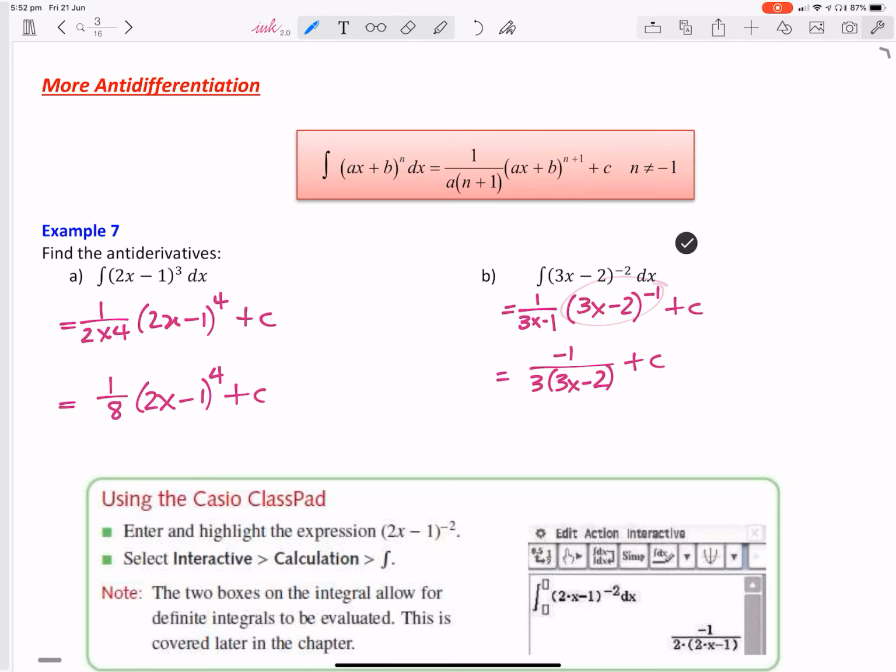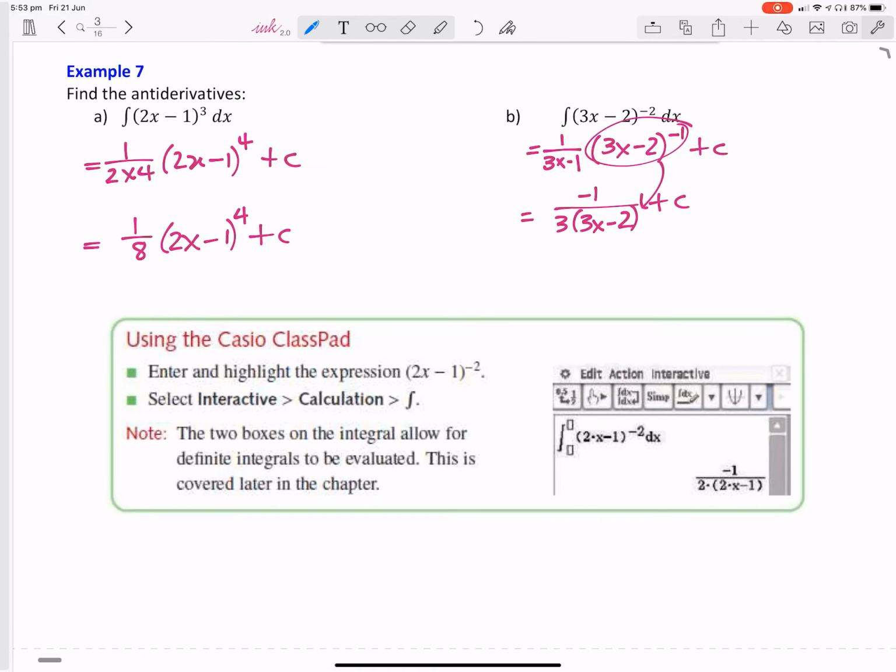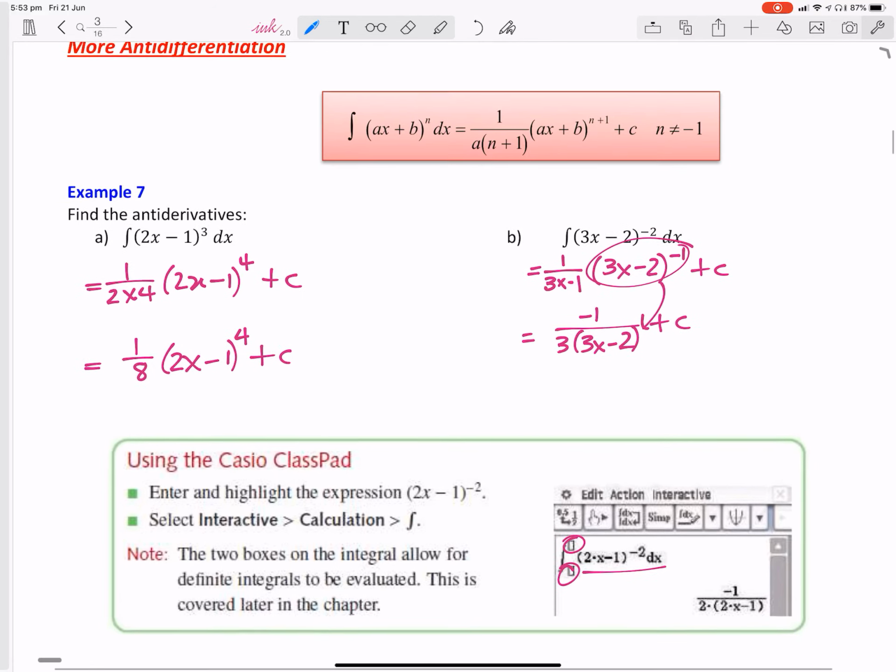So all I did was put that on the bottom because it's a negative power. To do it on your calculator, it's just a matter of putting it in. You don't need to put anything in those terminals, and it'll give you your answer.